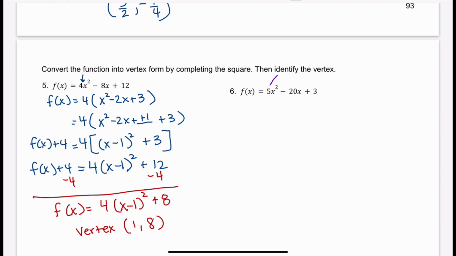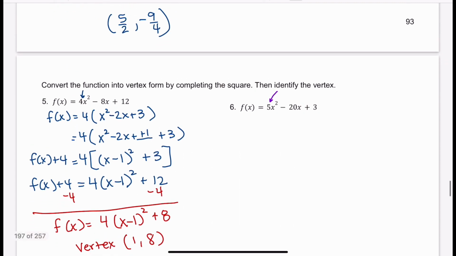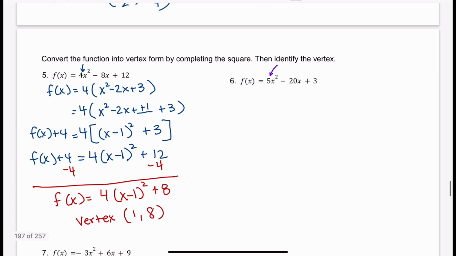Number 6, we have a number here as well. We're going to pull out, divide a 5 from each of the pieces. Pull the 5 out. Now, this one's kind of tricky because this 3 is not evenly divided by 5.